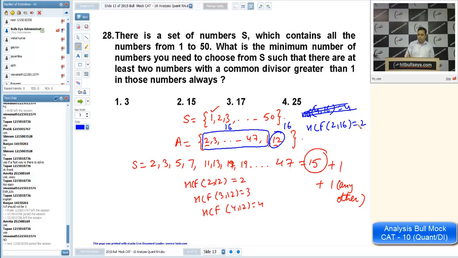Sorry, I mistakenly took 4. Actually 4 was not there. But at least there are some pairs in which the HCF is greater than 1. So it is clear now?